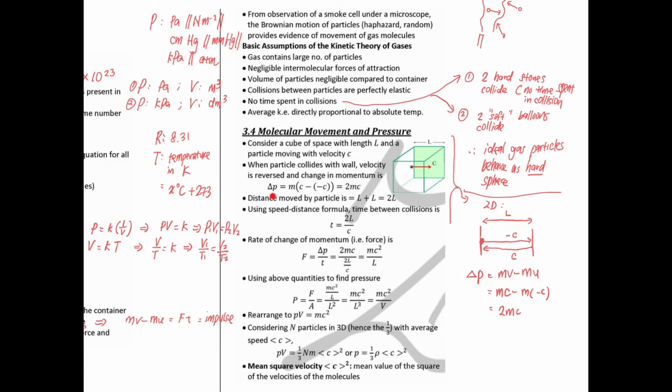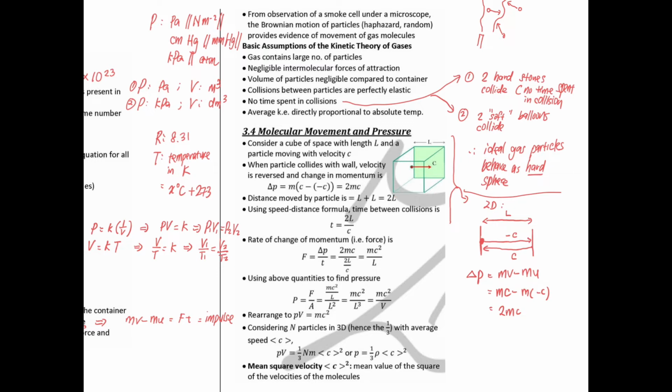Distance moved by particle is equal to L plus L equal to 2L. So you can see that in this drawing. When they move forward, distance traveled is L. When they move backwards, distance traveled is again L. So altogether, 2L. That is the total distance moved.